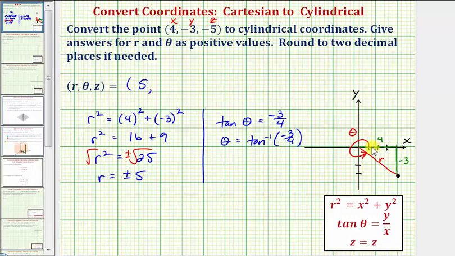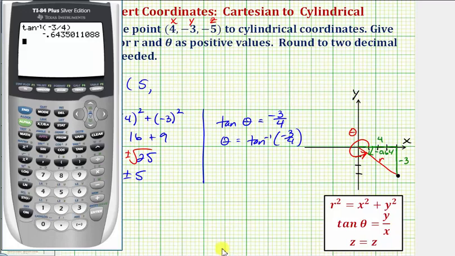Let's go ahead and sketch this. The calculator gave us this angle here. Our angle is coterminal to this, and therefore we can take this angle here and add 2 pi radians to find the least positive angle for angle theta. And since we already have this value in the calculator, we can press plus 2 pi, enter.